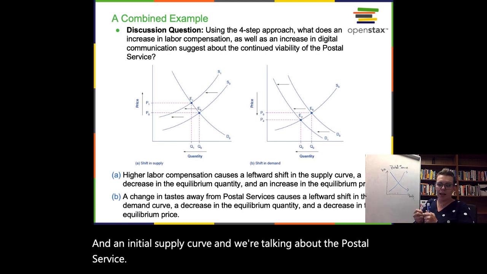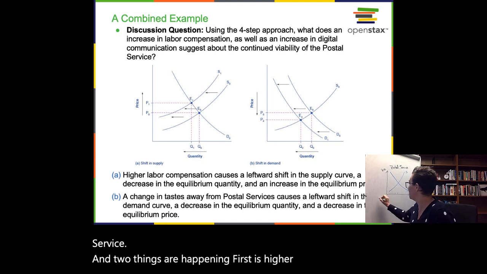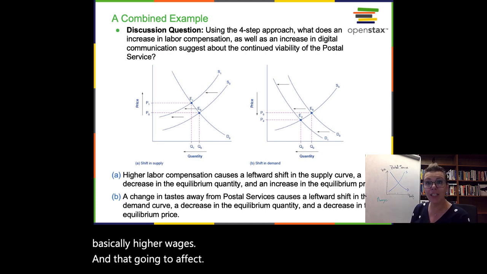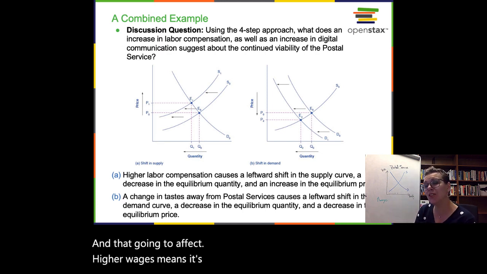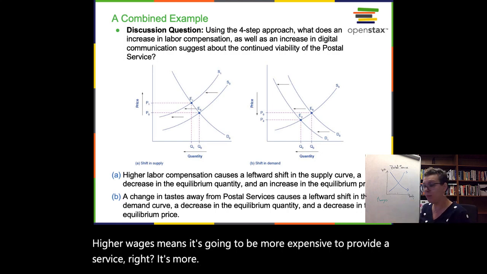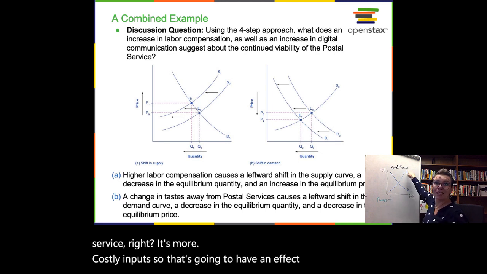Two things are happening. First is higher labor compensation, basically higher wages. What's that going to affect? Higher wages means it's going to be more expensive to provide a service, right? It's more costly inputs. So that's going to have an effect on supply.